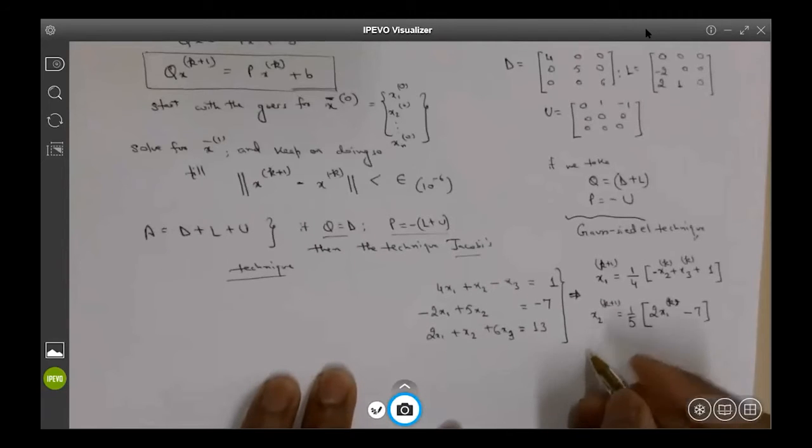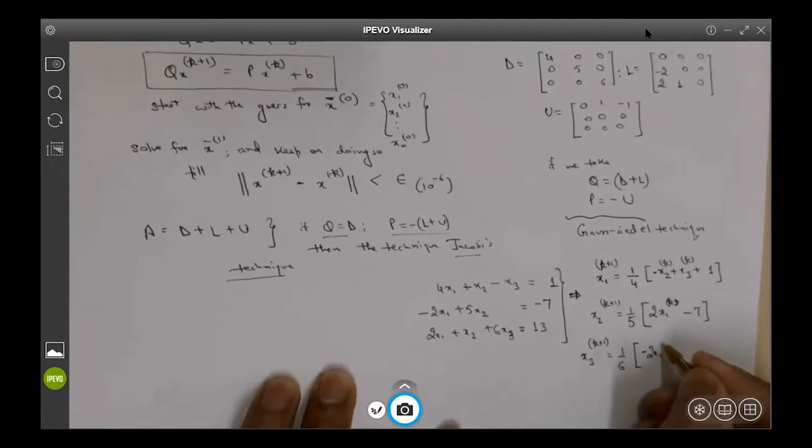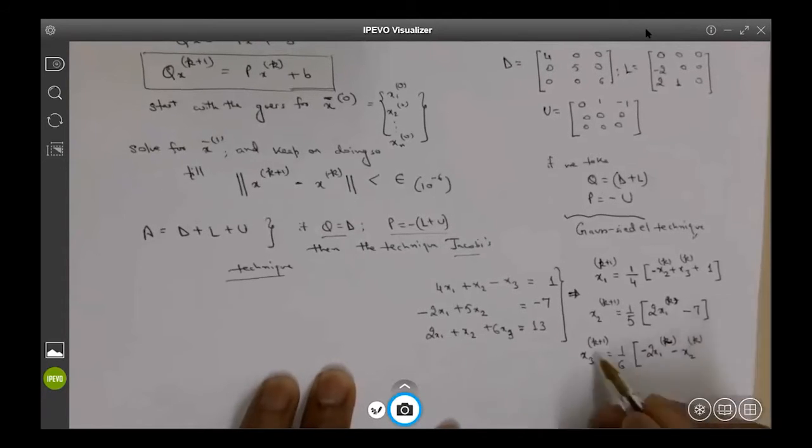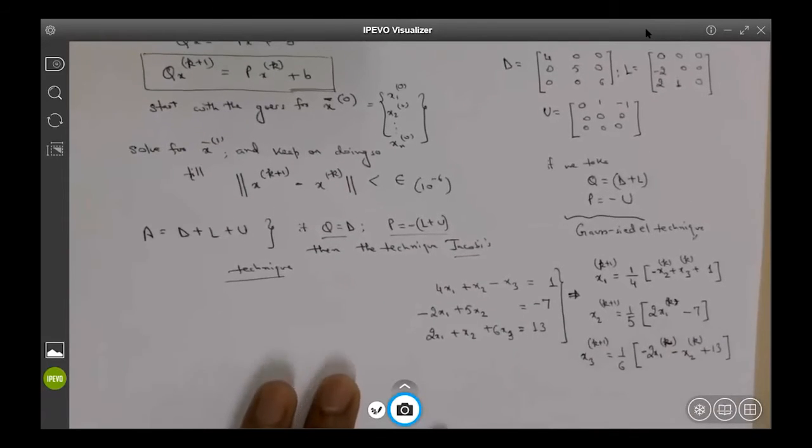And then from the third equation, x3 for the k plus 1th iteration is 1 over 6, negative 2x1 for the kth iteration minus x2 for the kth iteration plus 13. Is everybody following what I'm saying or doing here?